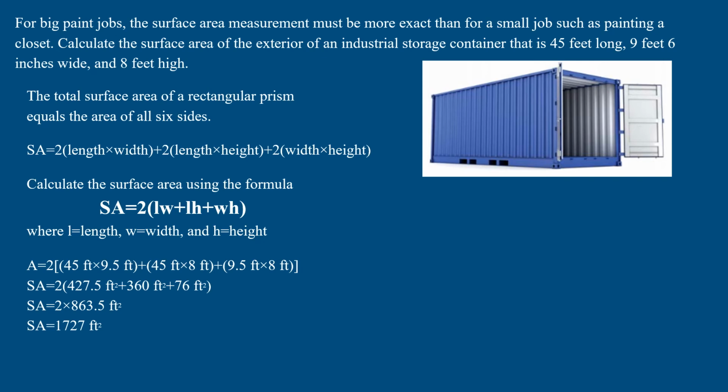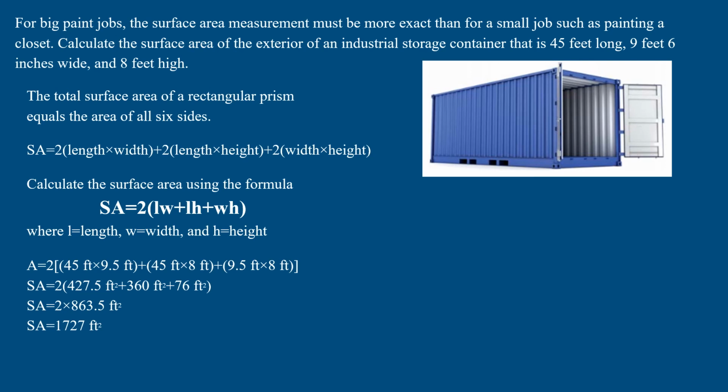The first thing we do with this equation is we do our 3 sets of multiplication. So 45 times 9.5 is 427.5. 45 times 8 is 360, and 9.5 times 8 is 76.